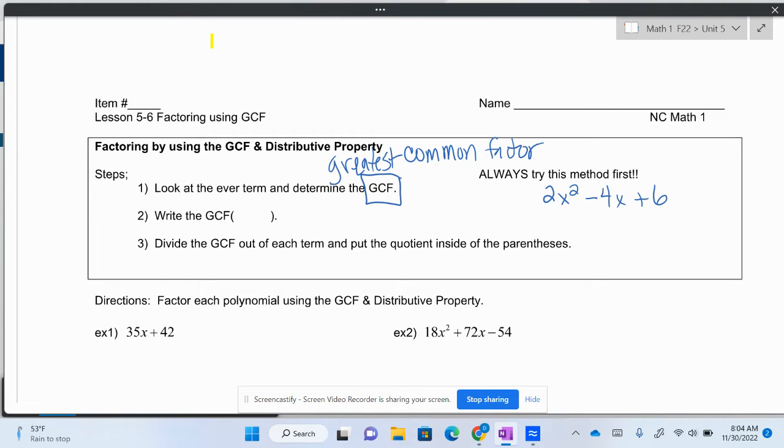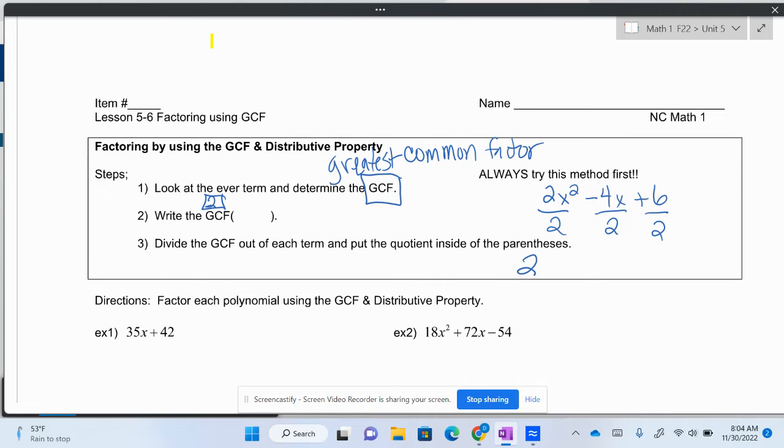If you think about that polynomial, what is the greatest common factor? Meaning, what is the same number or variable that I can take from each term? 2. Yeah, I could take a 2 out of each term. So when I do that, the GCF, the greatest common factor, goes outside.